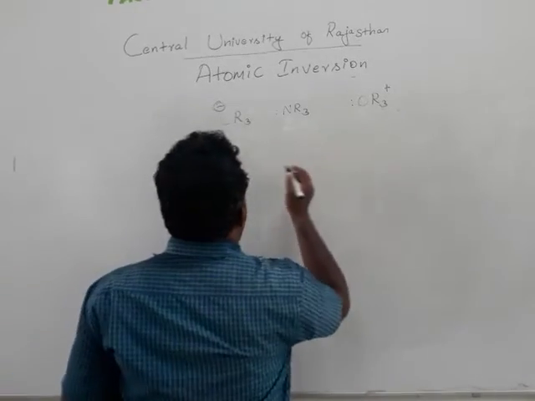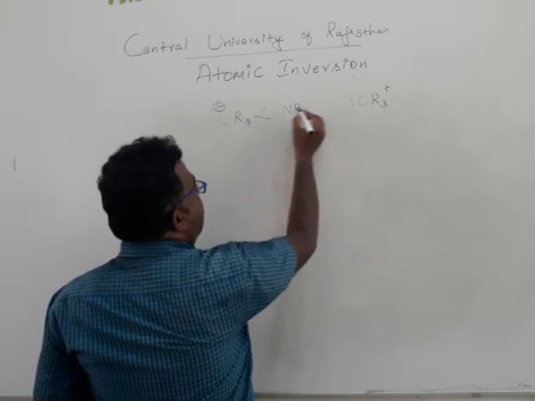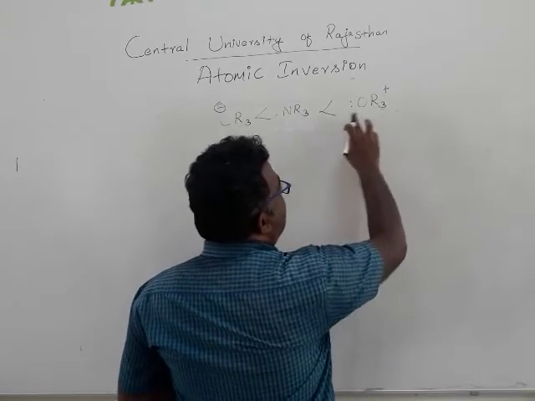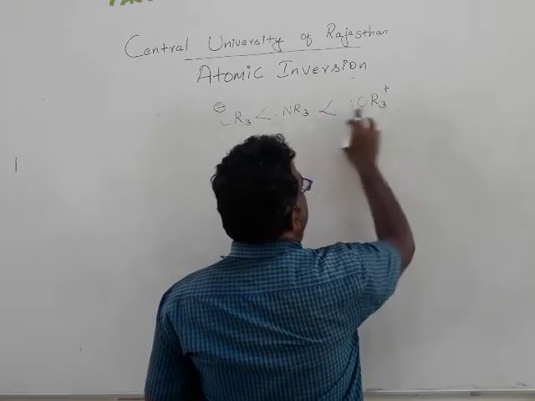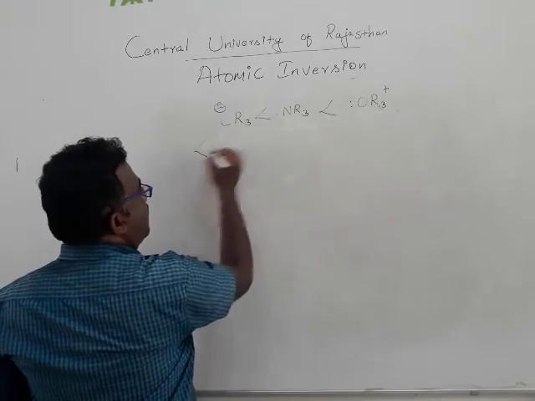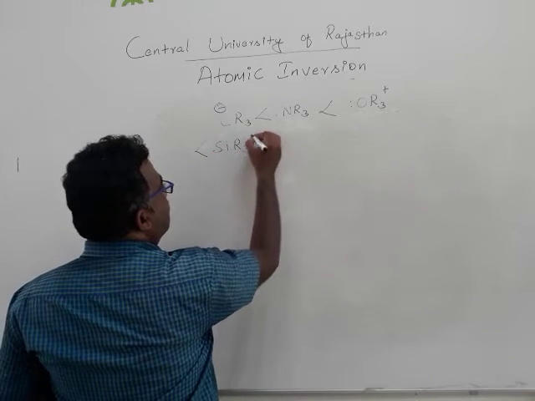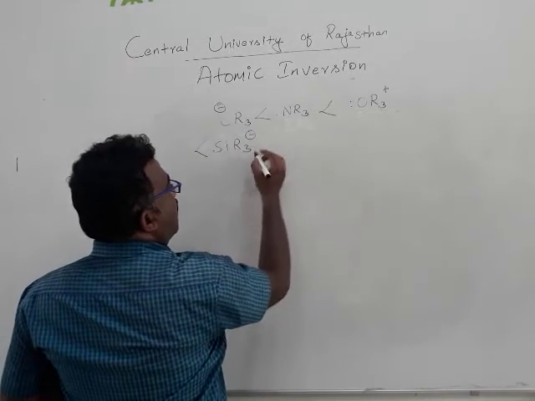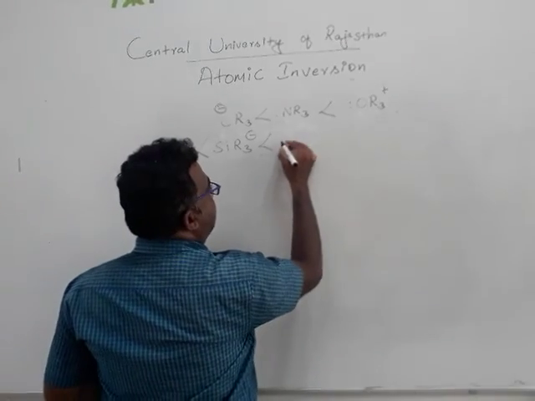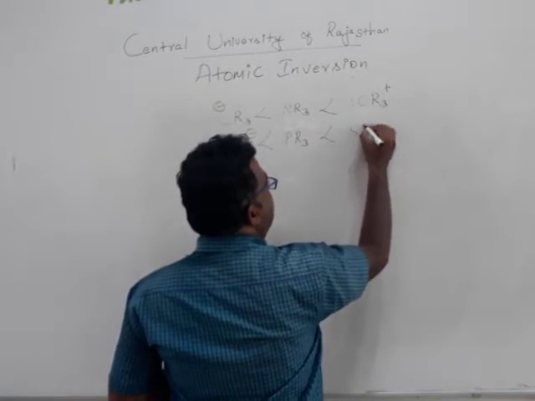If you compare, this CR3 minus has a low energy barrier compared with the nitrogen-substituted one. Again, it has a low energy barrier compared with the oxygen-substituted one. Silicon has a high energy barrier compared with carbon, and it has a low energy barrier compared with phosphorus, then sulfur.